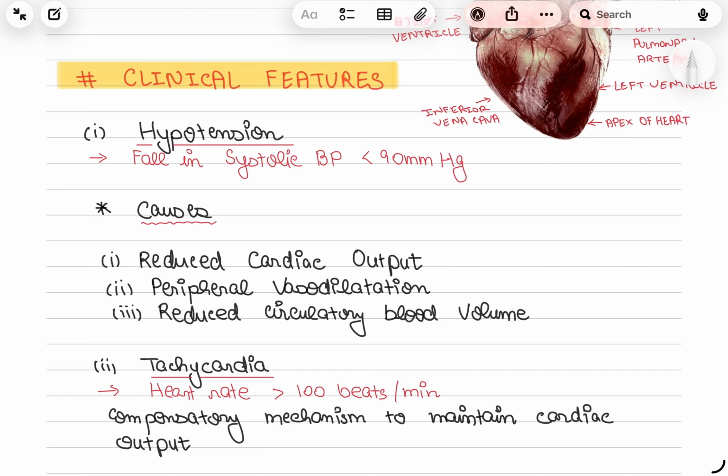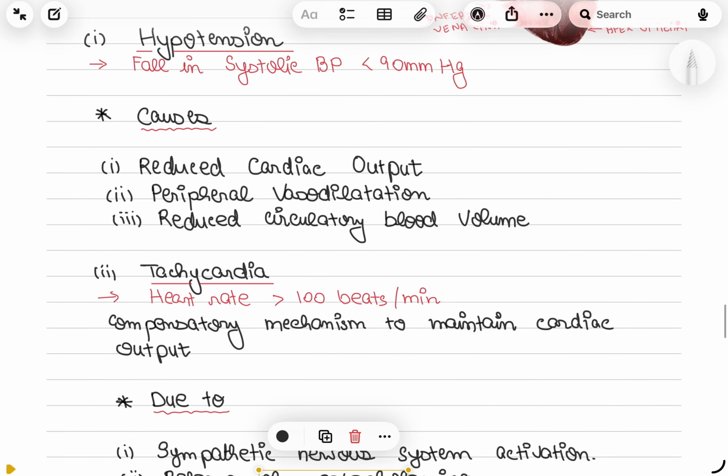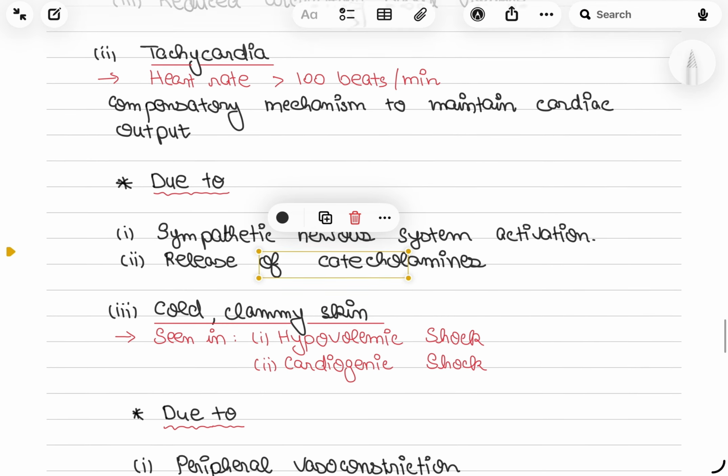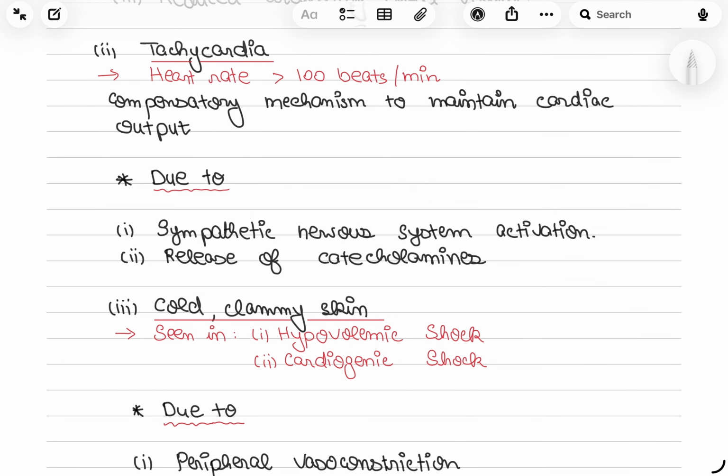So systolic should be 90 to 120 mmHg and diastolic should be 60 to 80 mmHg. Just remember this. And the normal heart rate should be between 60 to 100 beats per minute. More than 100 beats, that's tachycardia.